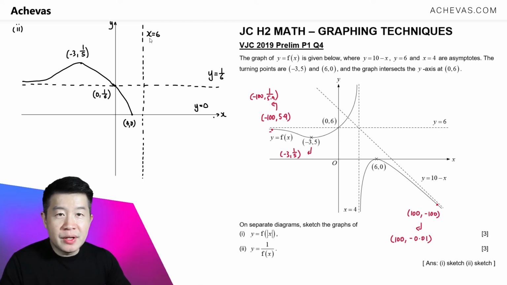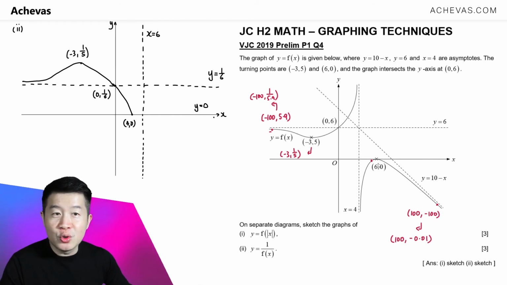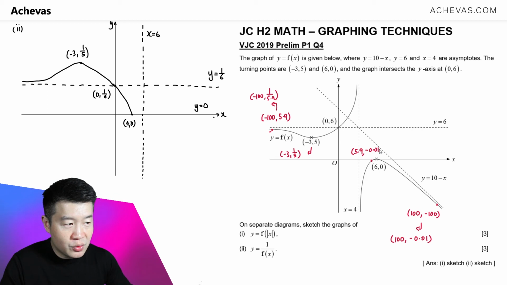And as it goes nearer and nearer to x is equal to 6, if we are unsure, we can try the same thing. I will assign an arbitrary coordinate to a point that is very close to x is equal to 6. So let's say the coordinates of this point is very close to 6, right? So let's say 5.9. And we can see that the y coordinate is going to be very, very close to the x-axis. So let's say negative 0.01.